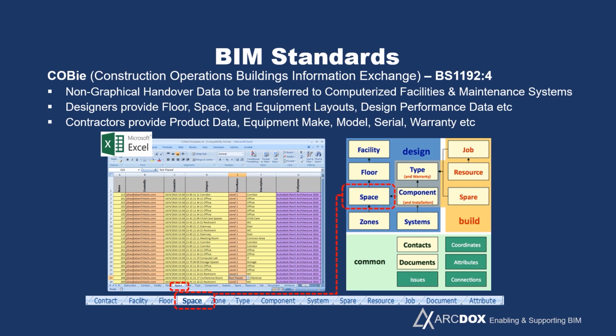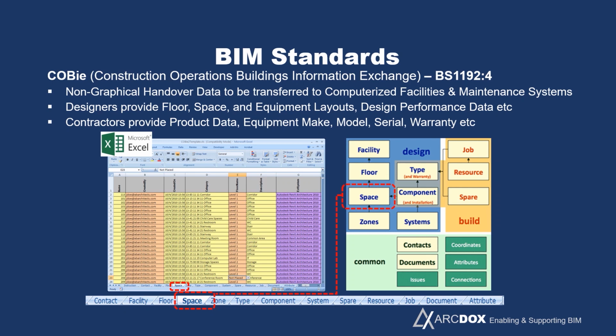It's a list of information about all the floors, a list of information about all the spaces, a list of information about all the zones or departments, a list of information about all the types of objects and the spare parts and maintenance tasks related to those, how those are connected to various systems that make up the building, the contacts, a list of all the contacts of people involved in providing either information or the equipment, a list of all the relevant documents, etc.